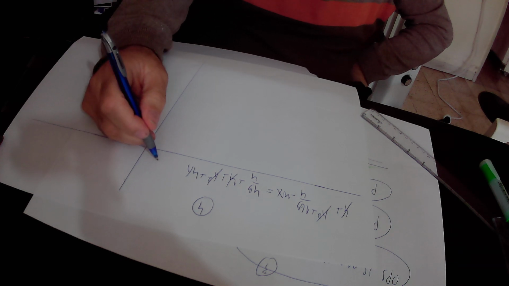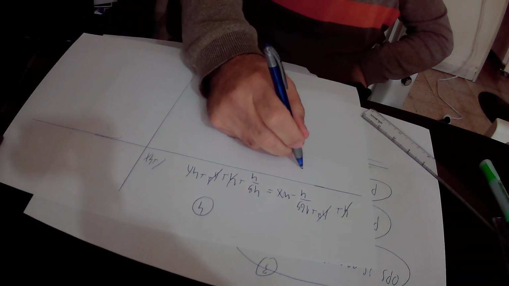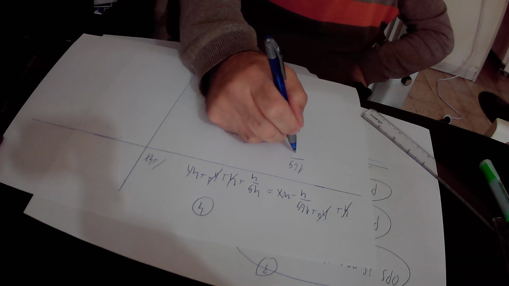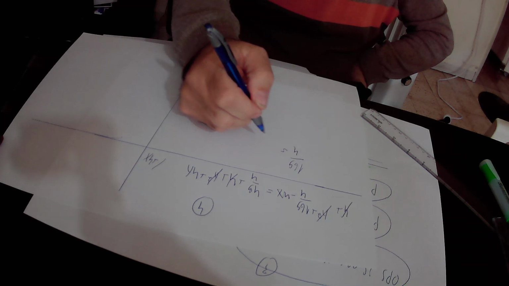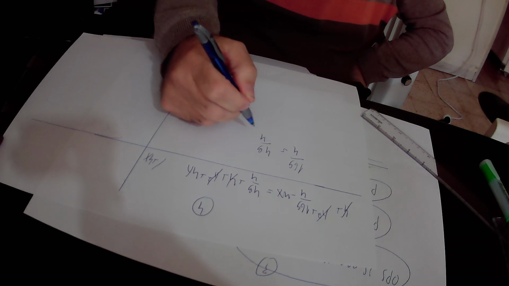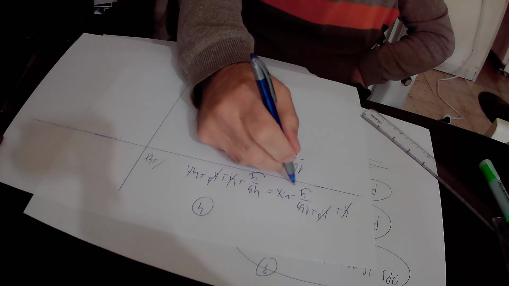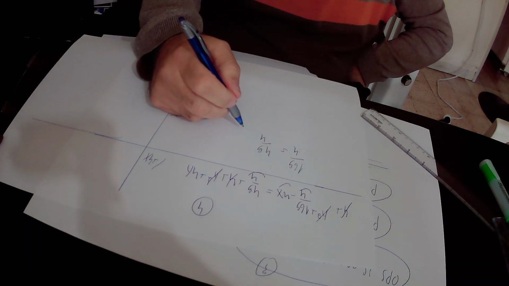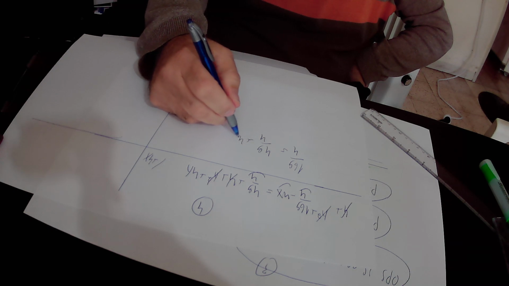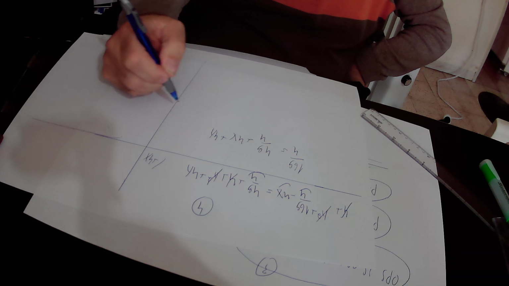We will add to this equation 4x, and we get that 169 over 4 equals 49 over 4 plus 4x plus 4h.